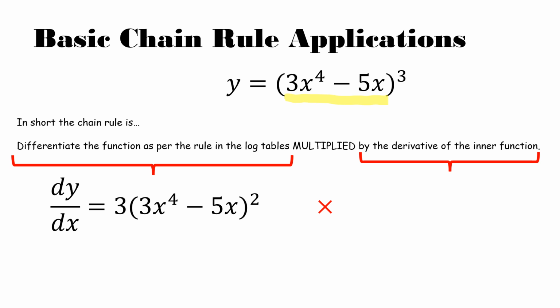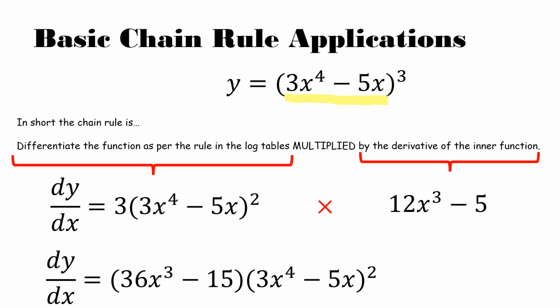Again, 3x to the power of 4, bring down your power, take one away from your power. Same for minus 5x. That gives us 12x cubed minus 5. Bringing that together gives us dy/dx equals: I've multiplied my 3 by my 12x cubed minus 5, and then multiplied it by my bracket squared. I'm not doing any expansion or anything like that.